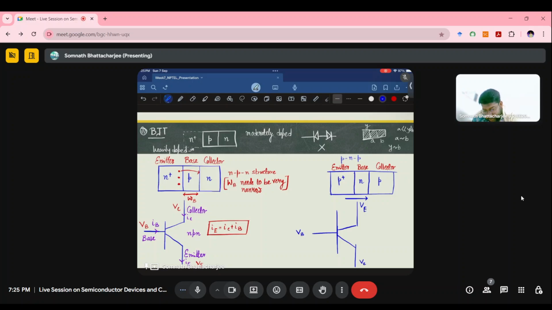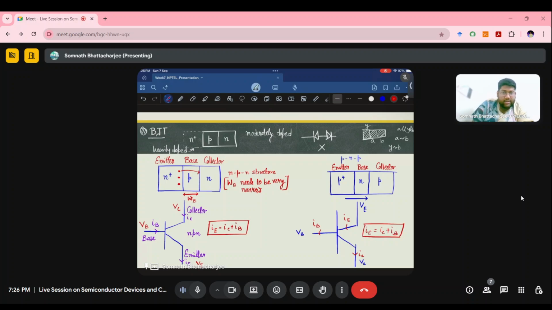So based on this, a current is flowing through this. Let's say that is IE, and the current is towards this side, while the other current is towards this side. So the current will also be the same in this case as well.